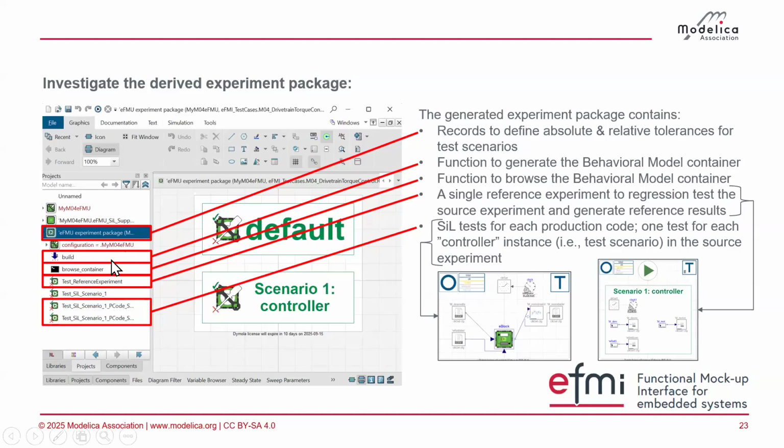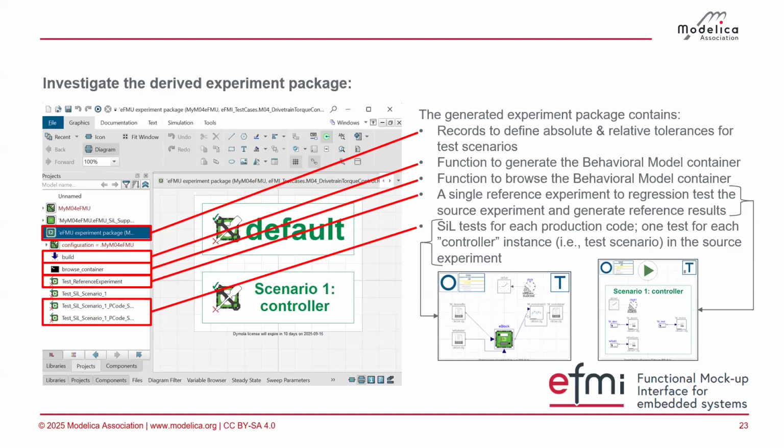And then we have always exactly one test reference experiment. That is like our normal experiment from which we originate. We simulate it to produce the reference results. And we are using here a library called testing library that ships with Dymola. And this one is about much more than just eFMI. So you could also do reference tests of your reference experiment.